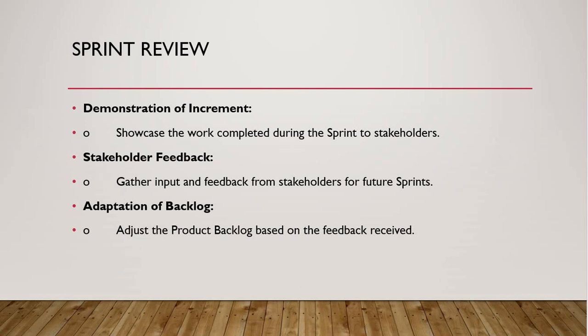Okay, for example, this should be improved, this should be modified, and then we are going to do that for future sprints. And then adaptation of backlog, adjust the product backlog based on the feedback received. Okay, so once you have the stakeholder's, the customer's feedback, sometimes we need to adjust the product backlog accordingly.